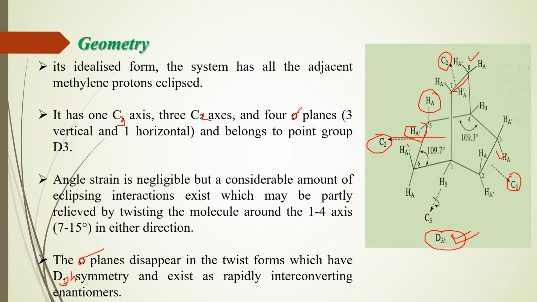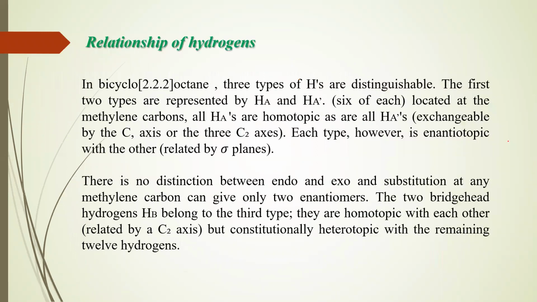Then again, in this interconversion of the molecule, the carbon atoms 5 and 6 also act as a bridgehead, because this molecule interconverts via a plane. If you rotate this molecule, and rotate 7 on this side, then 7 and 8 will come down, then 5 and 6 will go into the form of the bridge. Then again, if the carbon atoms 7 and 8 are rotated on this side, then 2 and 3 will go into the bridge position.